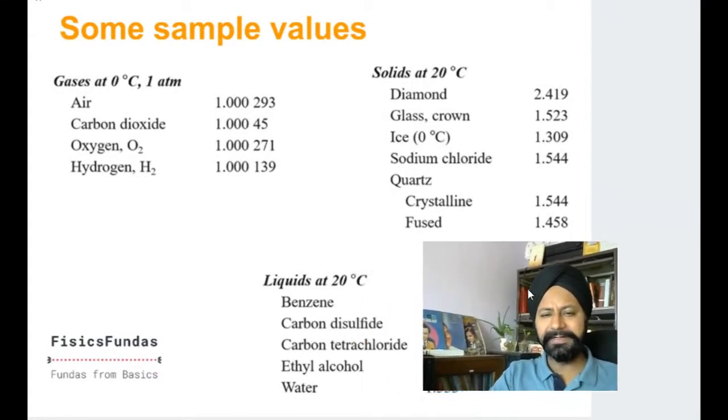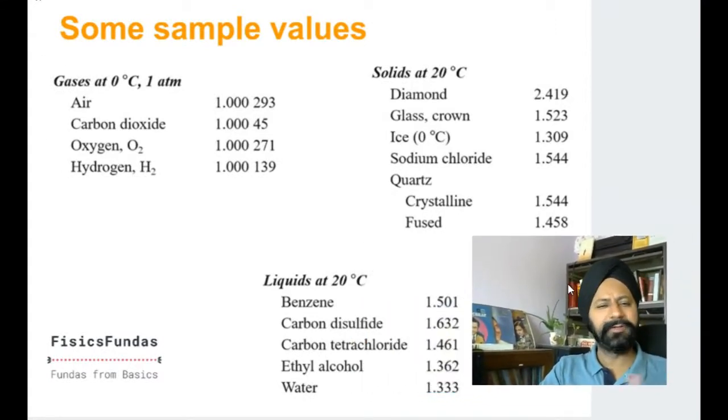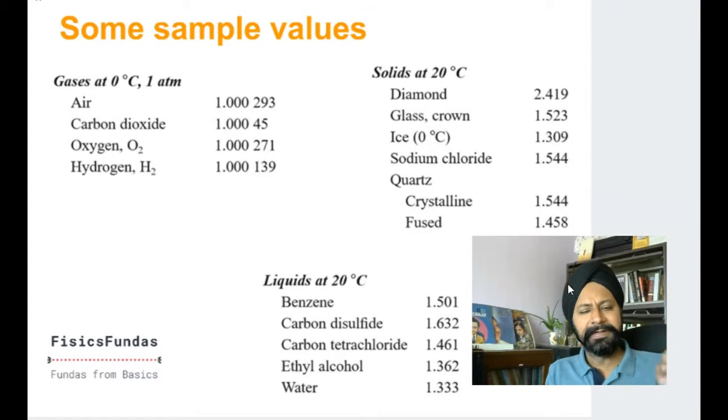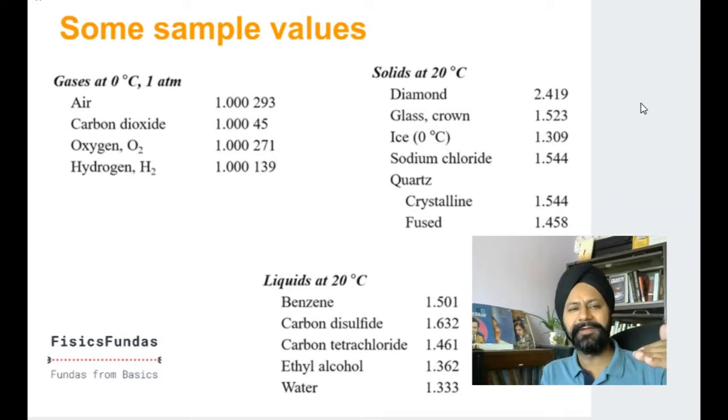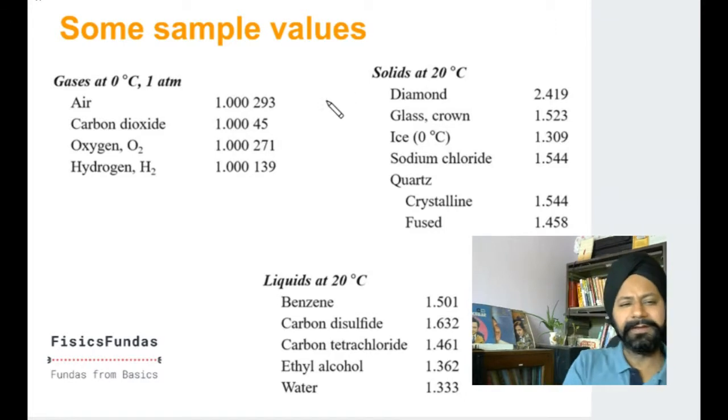But before that, here are some sample numbers to look at. You don't have to memorize any of them. The idea here is to show you different refractive indices for different materials. For vacuum, it is obviously 1, because if you calculate the speed of light in vacuum divided by the speed of light in vacuum, that gives you 1, because you're dividing the same numbers. But look at air.